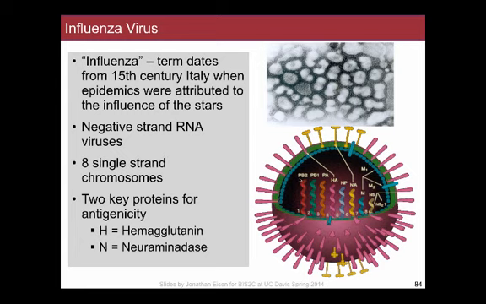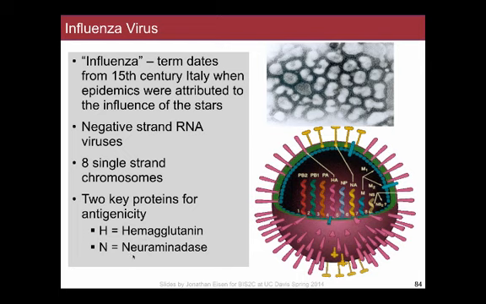Influenza viruses have 8 RNA chromosomes, and those chromosomes encode the different proteins and RNAs that make up the biology of influenza. And there are 2 of them in particular, 2 of the proteins encoded by influenza that are very well characterized. One is called hemagglutinin, and one is called neuraminidase.